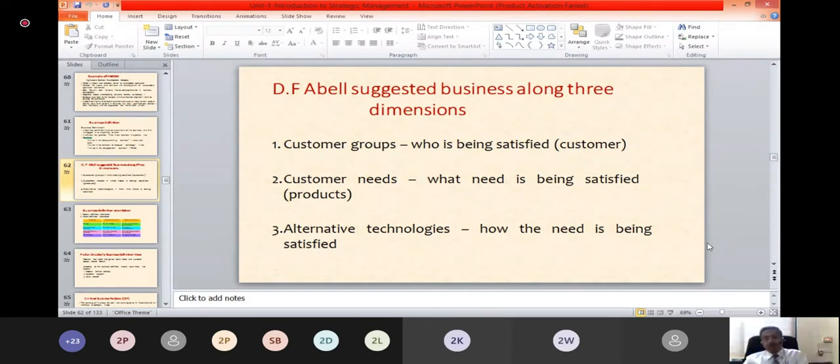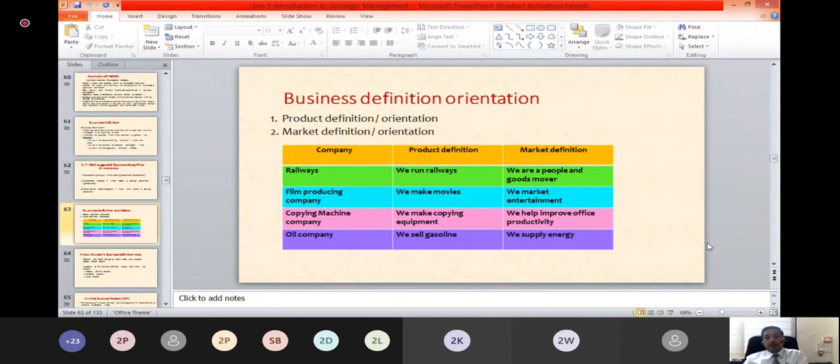What are all these three dimensions of business definition suggested by D.F. Abell? Three dimensions he suggested: customer groups, who are the customers, what are the customer needs, and then what are the different technologies with which we can satisfy those needs, that we discussed. Different orientations of business definition on the basis of product definition and market definition also we have discussed.